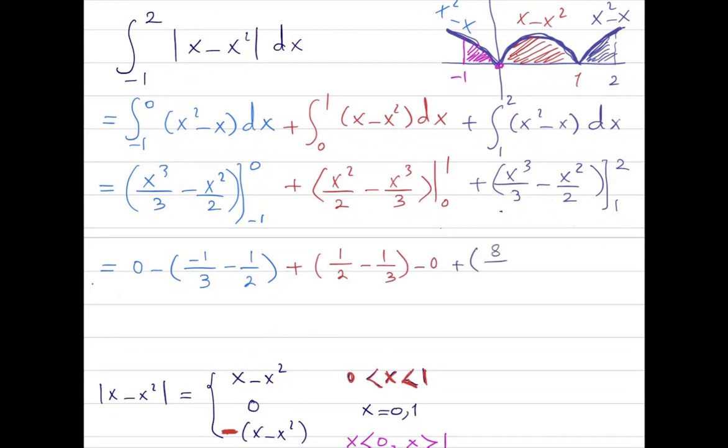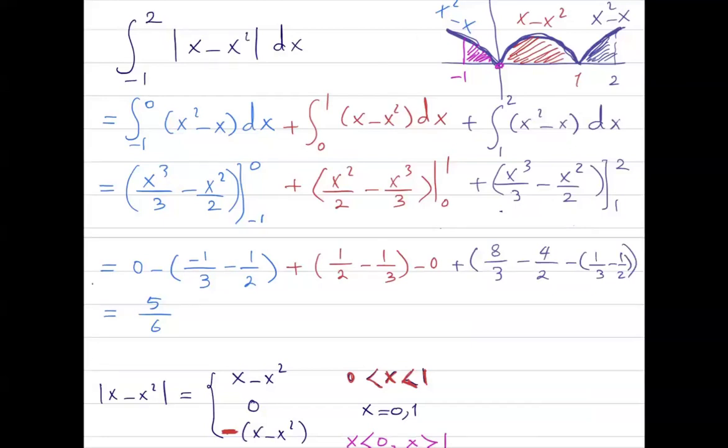You get 8 divided by 3 minus 4 over 2 minus, if you plug in 1, you get a third minus a half. Okay, very good. This guy is equal to, so if you take common denominator, you get negative 5 over 6, or it has a negative sign in front of it. You get 5 divided by 6.